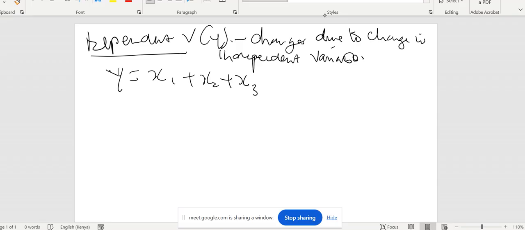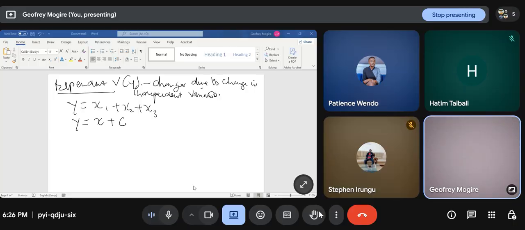So you can be given a question like, say, y is equal to x1, x2, x3. And then somebody can give you another model like y is equal to x plus c. So those are two models. What's the difference between the two models?